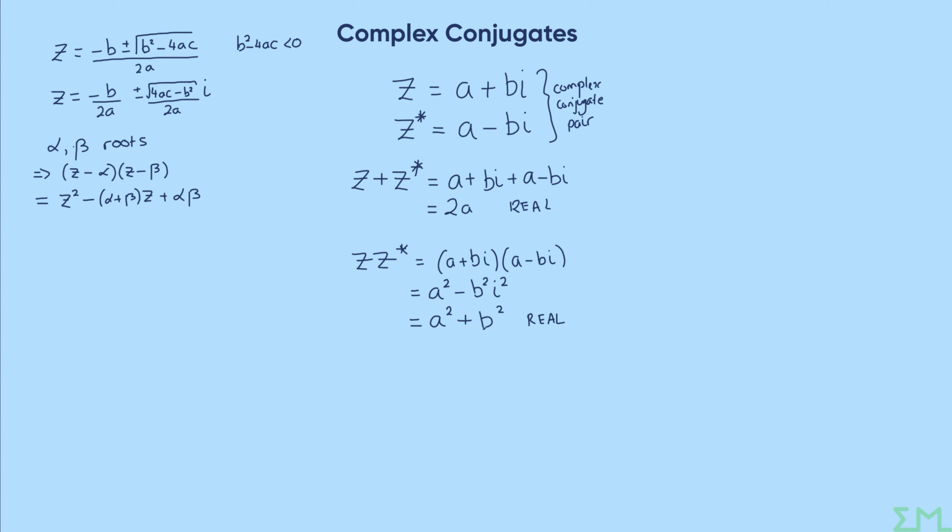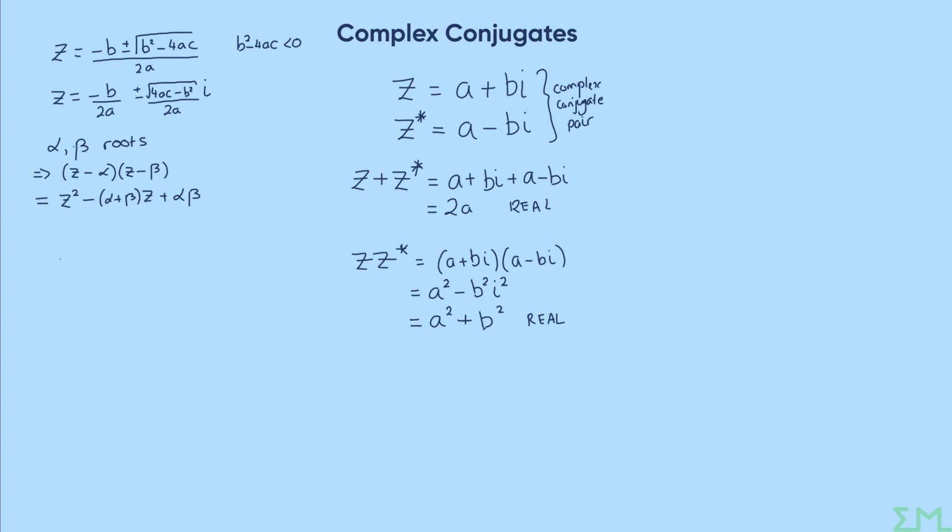And if you remember from what we did at the beginning of this video, we get quite nice results when we add and multiply complex conjugate pairs, and the two roots of our quadratic will be complex conjugates because they have to be. So we can really utilize this to save ourselves from having to multiply out.